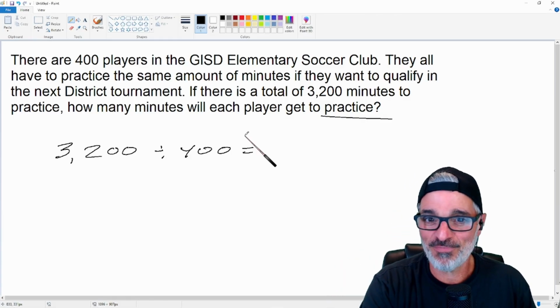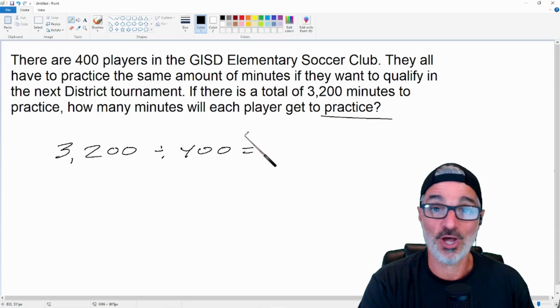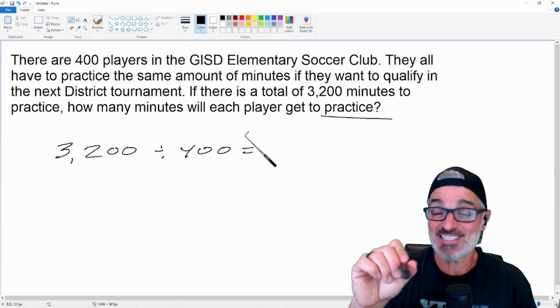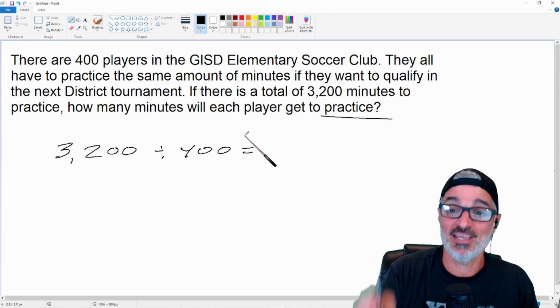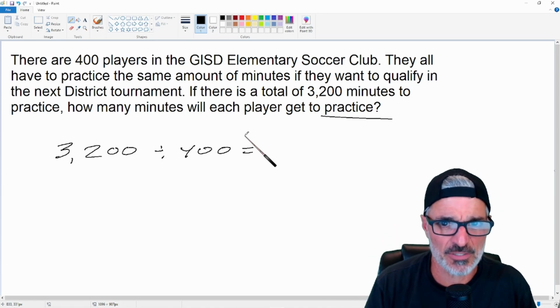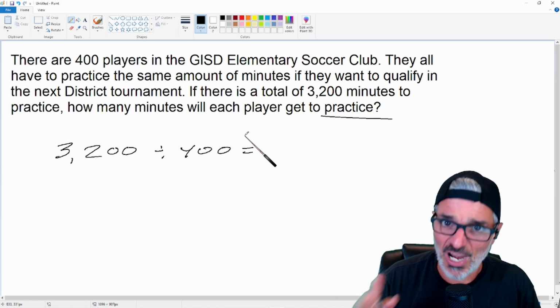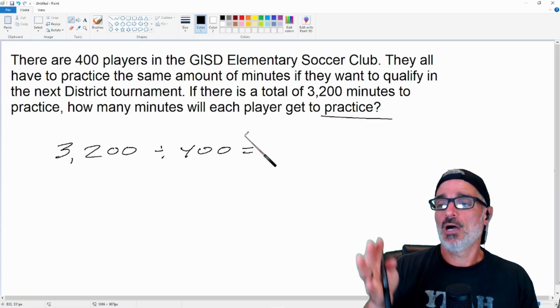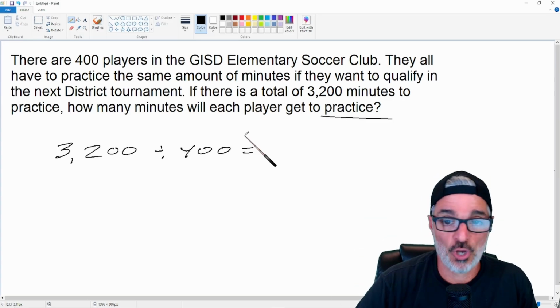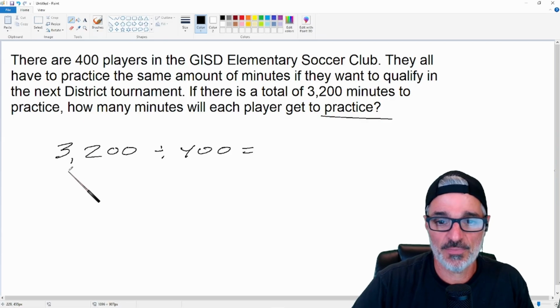The first number you find in the word problem is the 400, but that's not the dividend. That's not what you're splitting or cutting. What you're splitting or cutting is the minutes, not the players, because this is not a horror movie. We're not splitting or cutting players in half. We're cutting minutes, right? So we have to divide 3,200 minutes by 400 students.